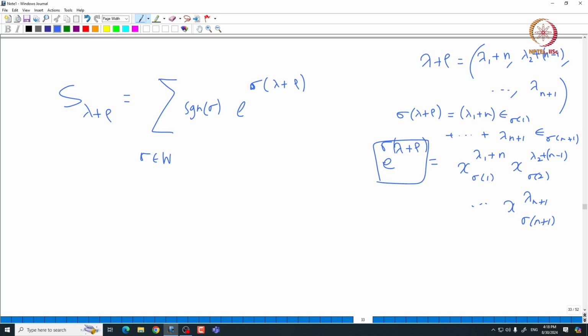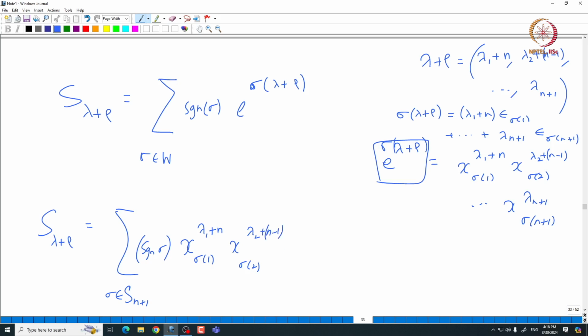So that means this S_{λ+ρ} is nothing but the summation over σ in S_{n+1} of the sign of σ times x_{σ1}^(λ1+n), x_{σ2}^(λ2+n-1), etcetera, x_{σ(n+1)}^(λ_{n+1}), which is nothing but the determinant of x_i^(λ_j+n+1-j).